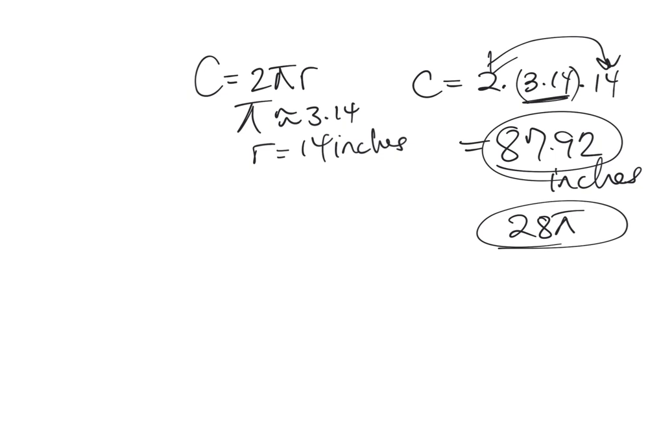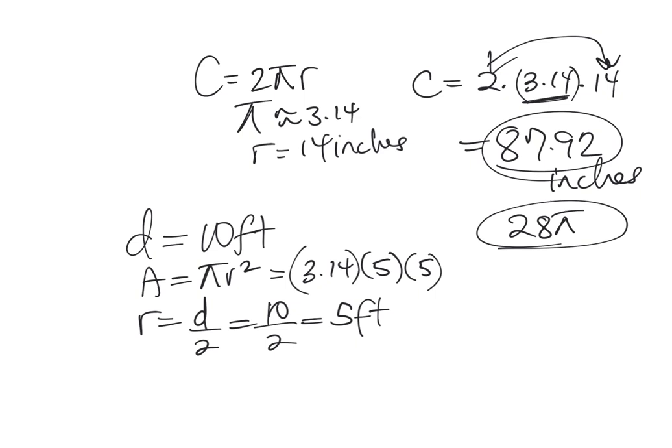The last section is the area of a circle, which we said is pi r squared. Remember, it's pi r squared. So you must ensure that if they give you the diameter, you convert to the radius first before you move further into the problem. In this case, the diameter is 10 feet, so we change that to the radius, which is 5, and apply the formula pi r squared.